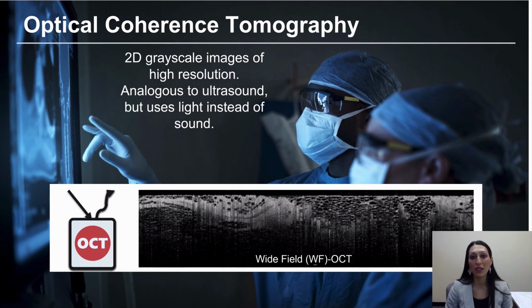However, instead of using sound waves used in ultrasound, light waves are employed by OCT to produce images of a much higher resolution with an imaging depth of up to 2 millimeters. And this 2 millimeter imaging depth is important for margin visualization as it aligns with our DCIS margin guidelines. With wide field OCT, we can scan specimens up to 9 centimeters wide.